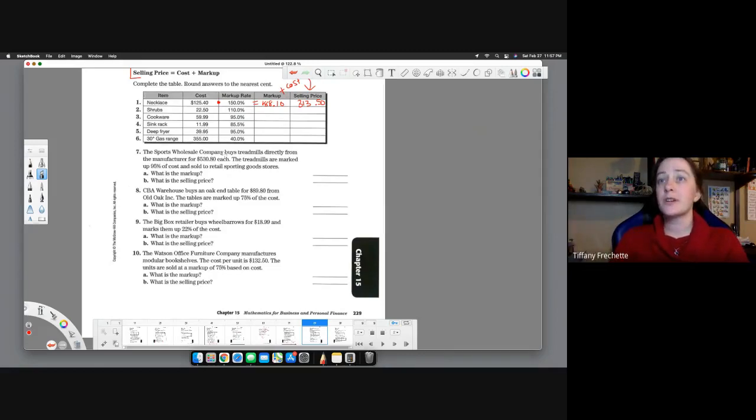The sports wholesale company buys treadmills directly from the manufacturer for $530.80 each. The treadmills are marked up 95% of the cost and sold to retail sporting goods. So we have our cost, we have our markup. So we simply want to multiply $530.80 times 95%.